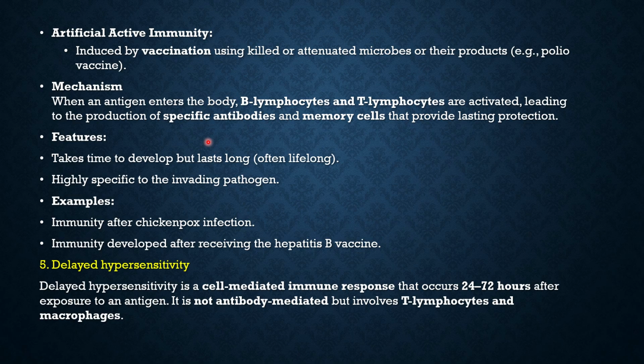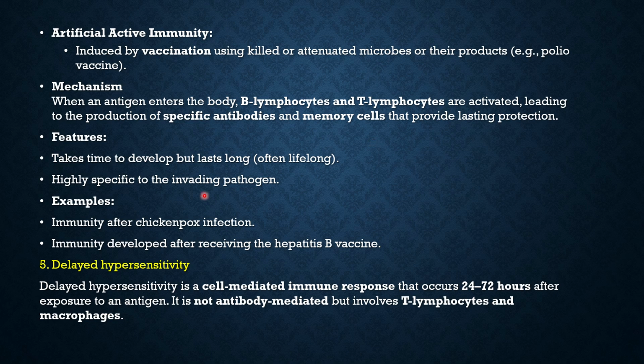The mechanism here is, when the antigen enters the body, B lymphocytes and T lymphocytes will be activated, and B lymphocytes will produce antibodies. These antibodies are very specific. They go, target and kill the antigens, and T lymphocytes will produce memory cells, and these memory cells are long lasting. So next time when the same microbe or the same infection occurs in you, they immediately go and fight against the antigen.